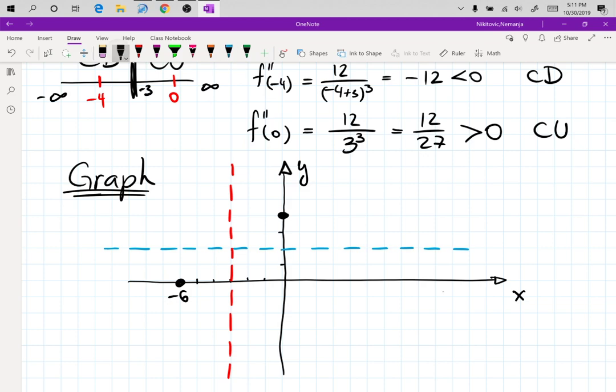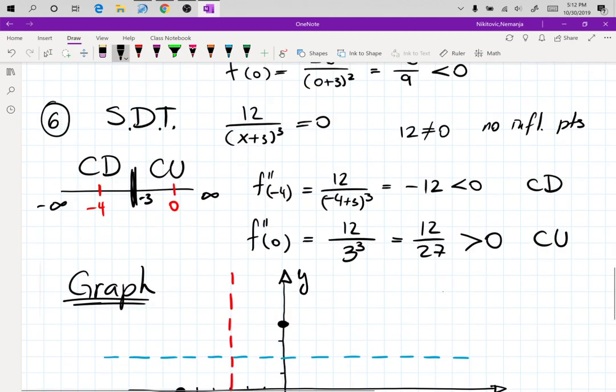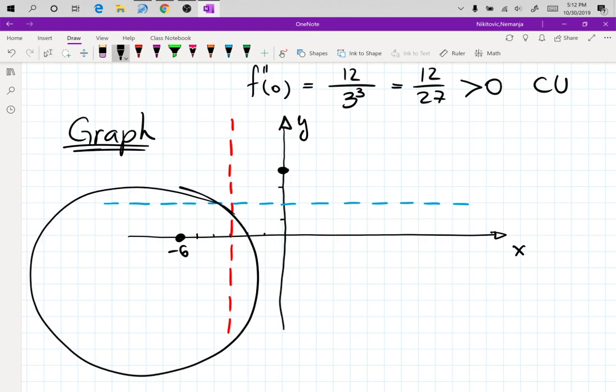So now, what do I know? I know that the graph is decreasing all the time. How do I draw a graph in this quadrant here, which is decreasing and goes through -6?